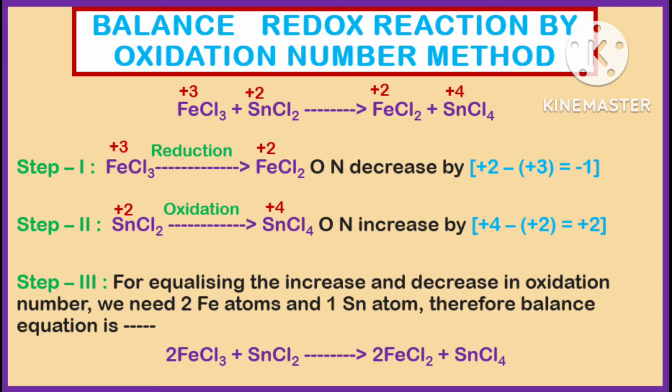This minus 2 charge is on the whole dichromate ion, not on a particular atom like chromium or oxygen. So you write Cr2O7 2-.